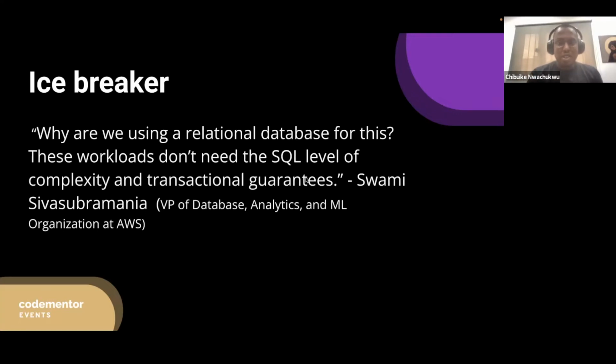They tested the limit of SQL and saw some faults in SQL that led to the crash. While they were doing the analysis and investigating the error, Swami made this comment, and I'll say it began the move that led to DynamoDB.